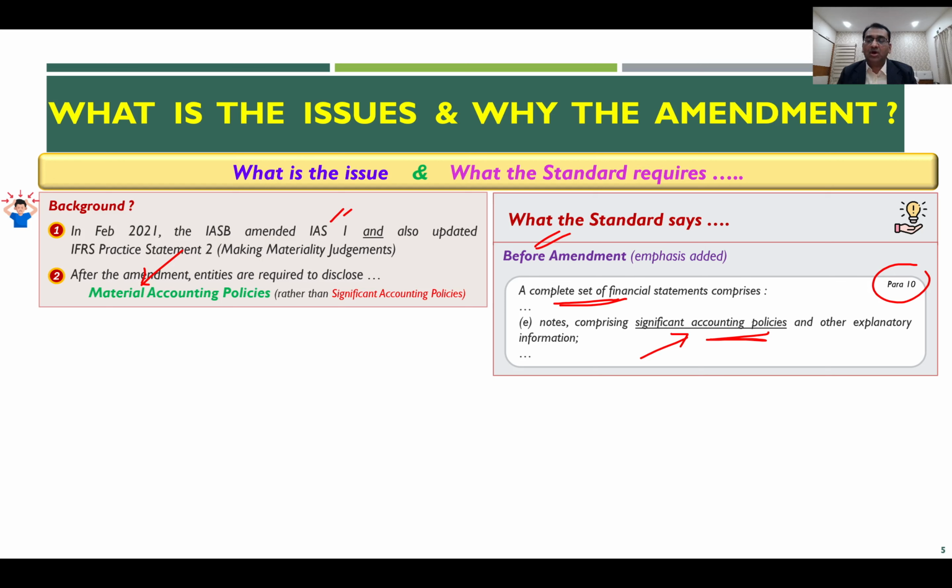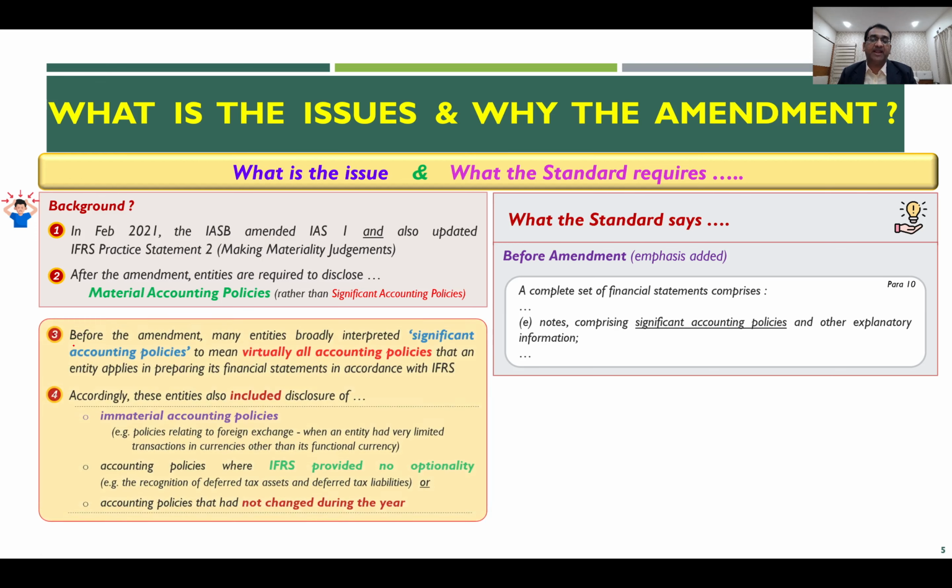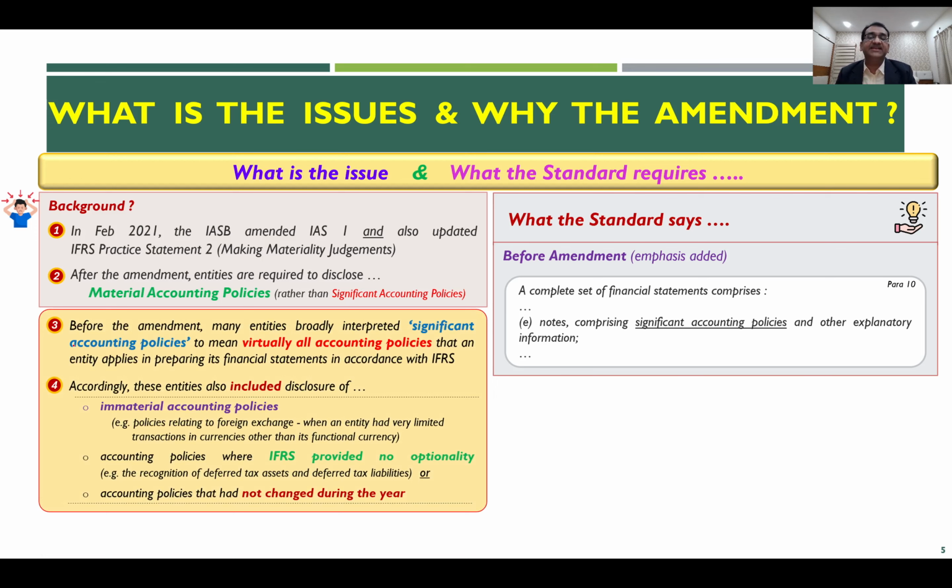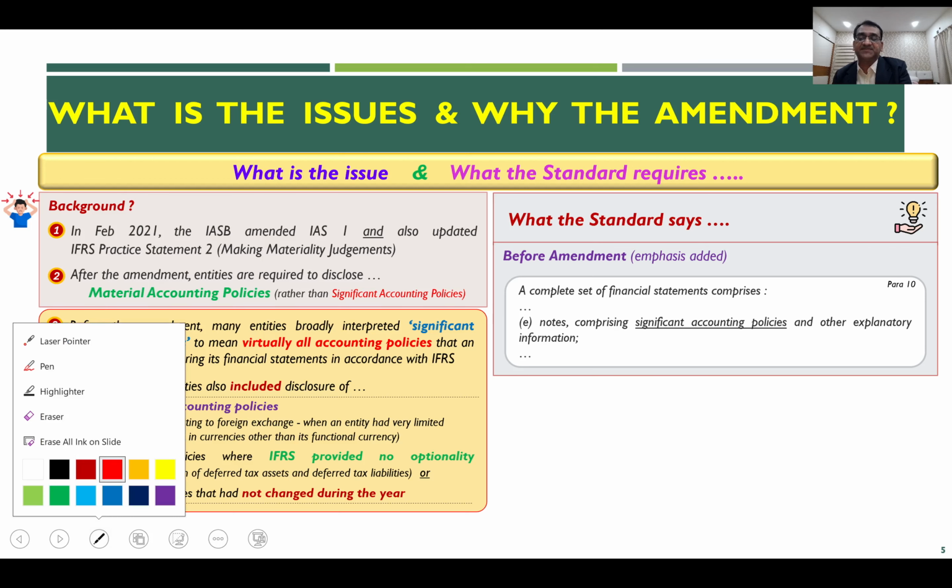We will see that. So what happens in this case? Because the standard required significant accounting policies prior to the amendment, most entities interpreted this requirement to mean that virtually all accounting policies that an entity applies in the preparation of financial statements need to be disclosed. Therefore, entities used to include disclosures in respect of even immaterial accounting policies.